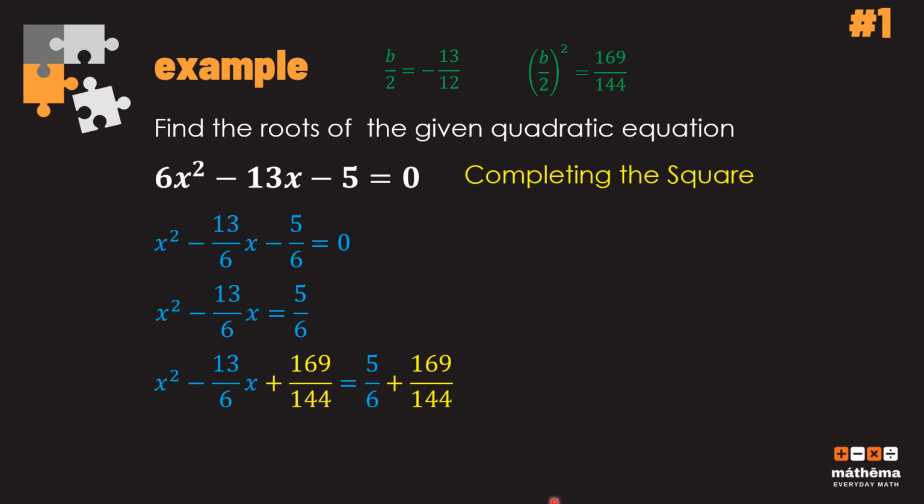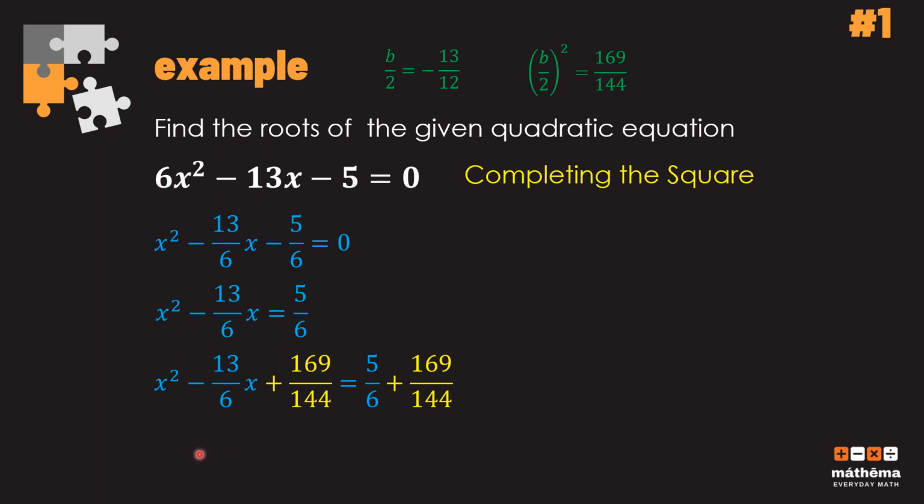And then, I want us to notice that this entire expression is now a perfect square trinomial. It is a direct consequence, automatic, that when we complete the square, this will become a perfect square trinomial. And since this is a perfect square trinomial, we are going to express or simplify this one. Remember our b over 2 earlier? We will make use of this to express this perfect square trinomial.